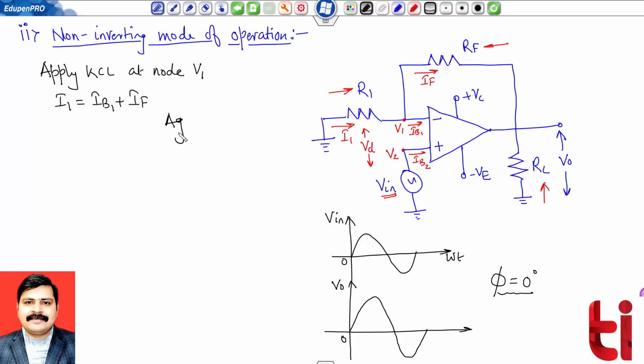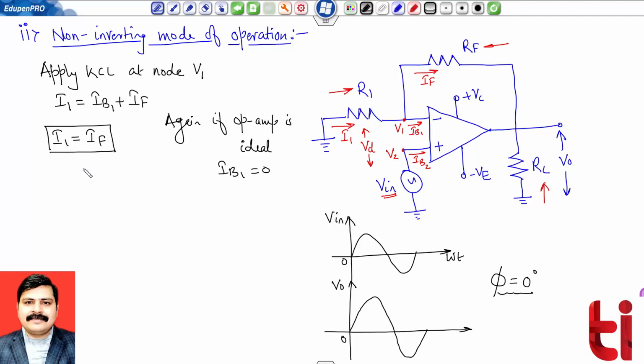Again, assuming my op amp is ideal, current IB1 will be equal to 0, and I have directly I1 equals IF. That is, current flowing through the series resistance will be equivalent to current flowing through the feedback resistance RF.